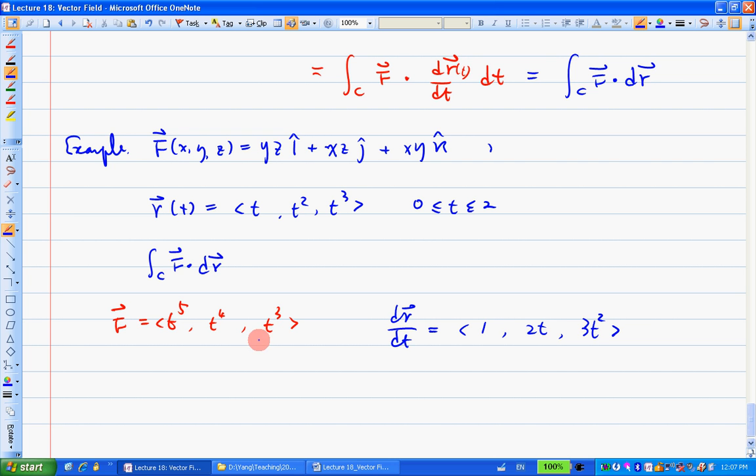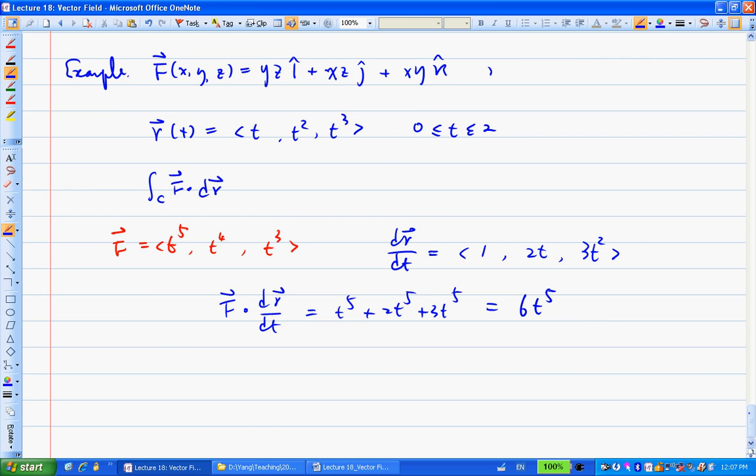Now you have the vector of this, the vector of that, dot the two vectors. So this dot this equals t^5 plus 2t^5 plus 3t^5, which is 6t^5.